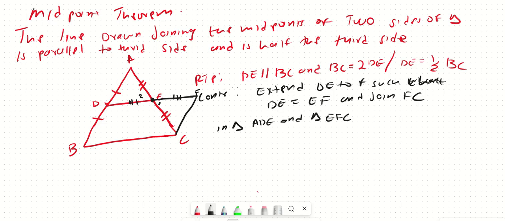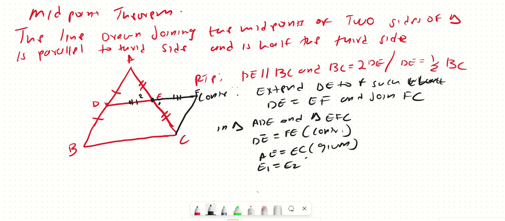I can see that in these two triangles, I have my DE being equal to FE. This is by construction. I have my AE being equal to EC. This is given, that the line drawn joins the midpoint. Then I can say that E1 is equal to E2.